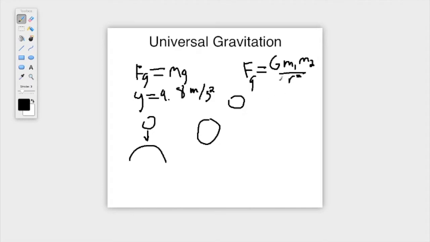Mass 1 and mass 2 are the masses of the source and the object that's orbiting that source. Say this is the sun and this is the earth, those would be the two masses included in this equation.